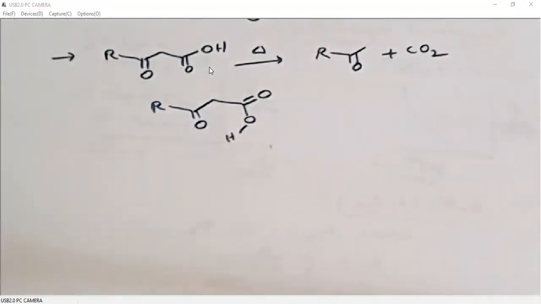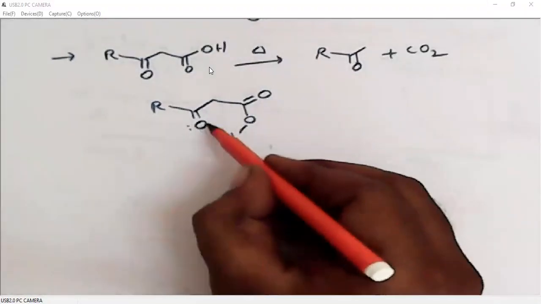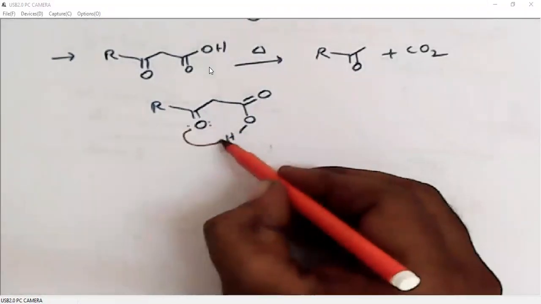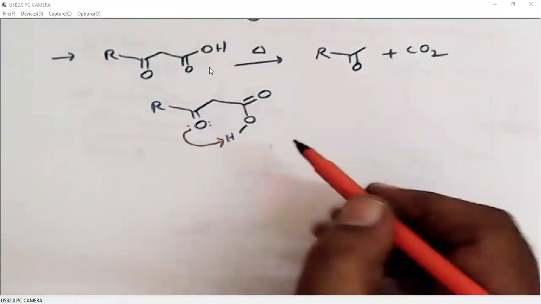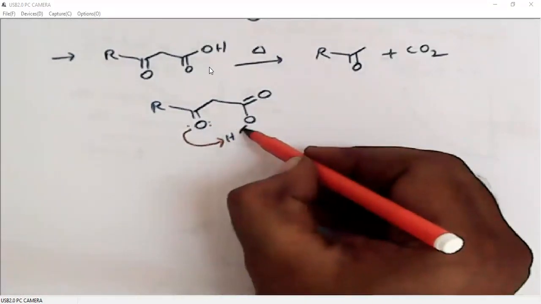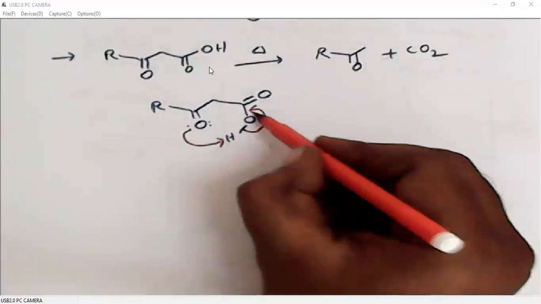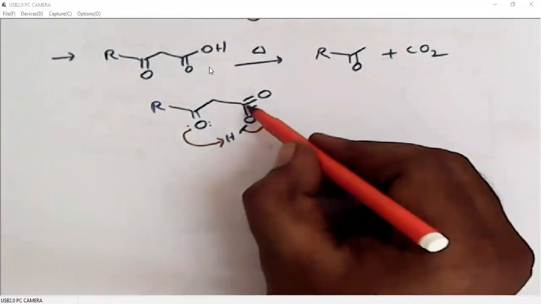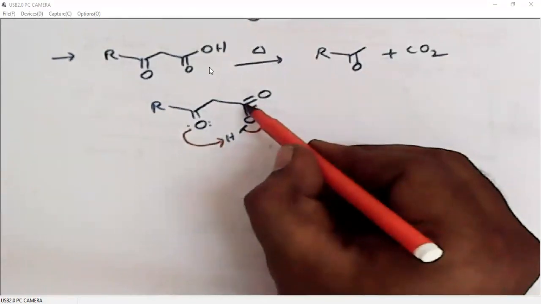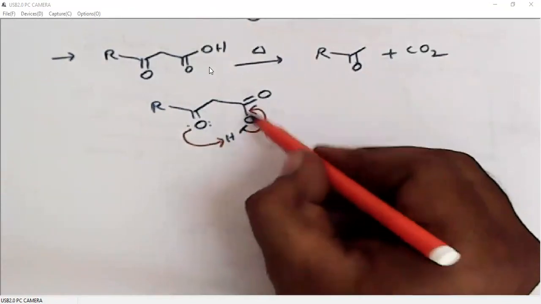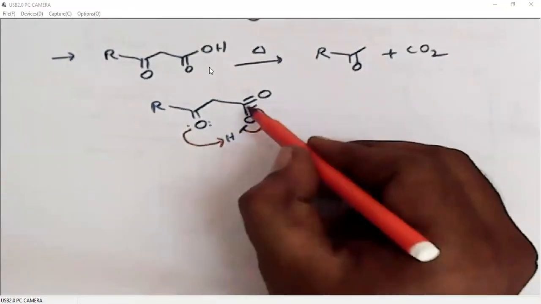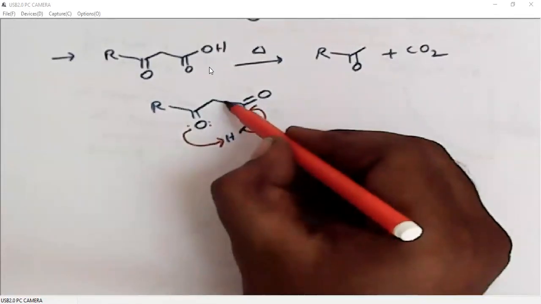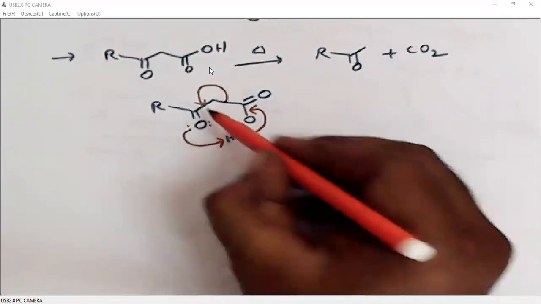See, it's an intramolecular ene reaction where this carbonyl oxygen will pick up the proton on the carboxylic acid. Then the carbon oxygen bonding electrons will be polarized towards the carboxylic acid carbonyl, so it forms a double bond, C double bond O. Then this carbon-carbonyl bond will break.